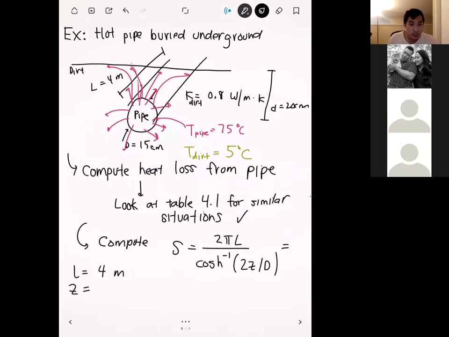So Z in this case is 0.2 meters. And D, the diameter of the pipe, is 0.15 meters. We plug all these in and we get a shape factor of 15.35 meters.